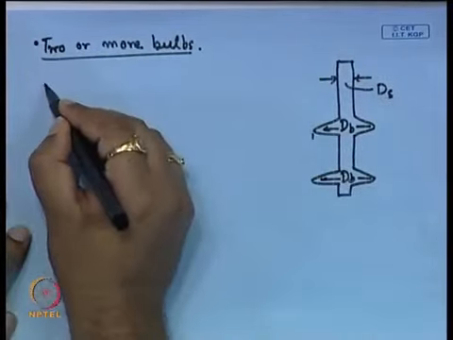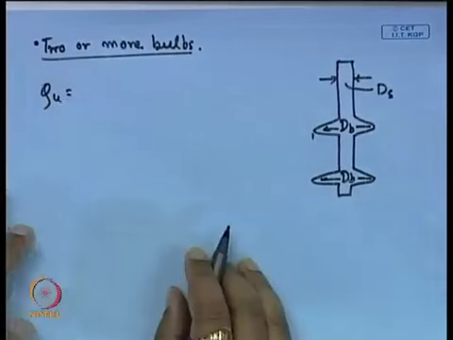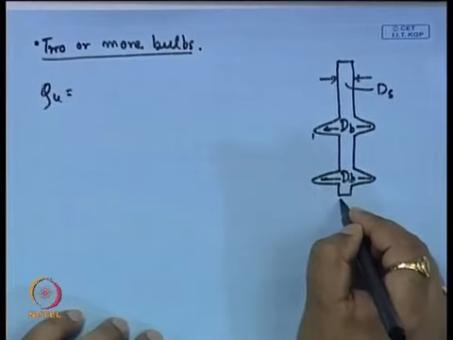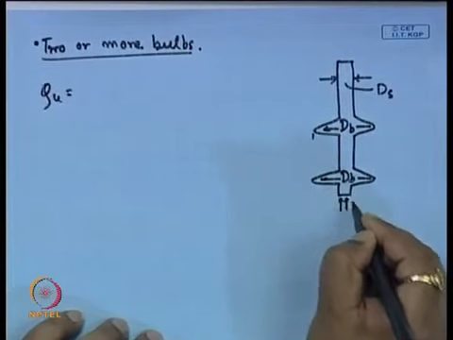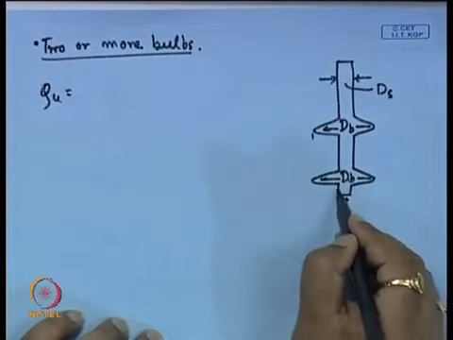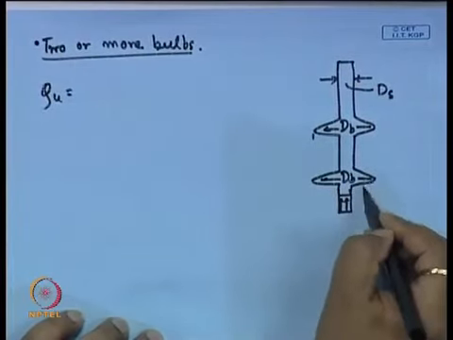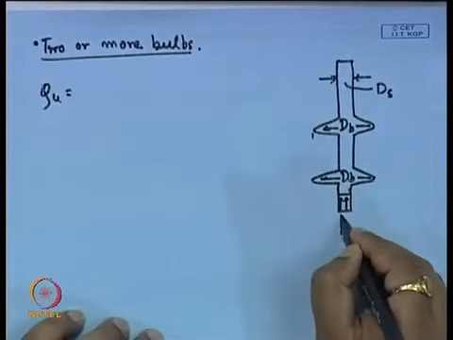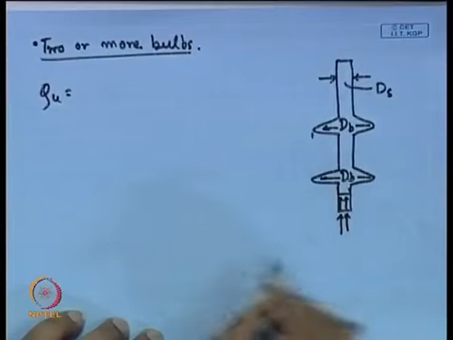So, bulb diameter is dB and shaft diameter is ds. In such a case Qu, we are getting the resistance, one at the tip level, and suppose the first bulb, the base bulb, is quite high from the tip of the pile.